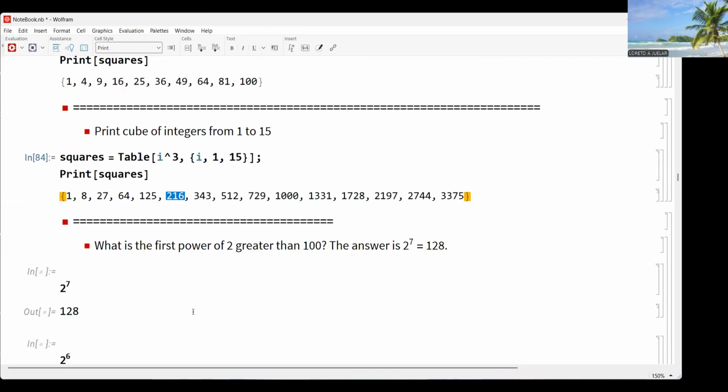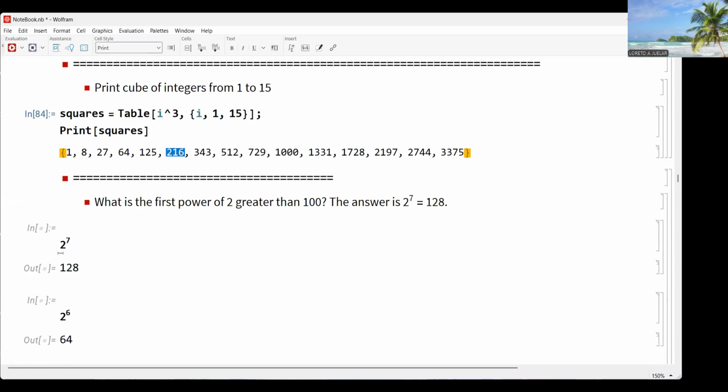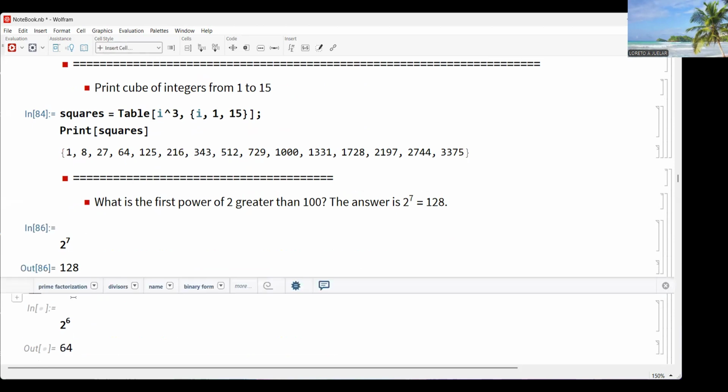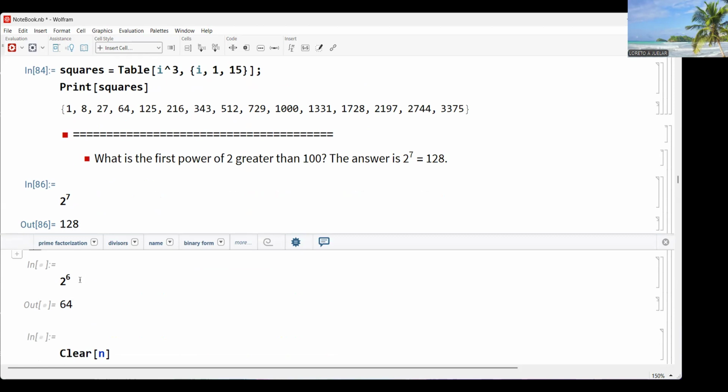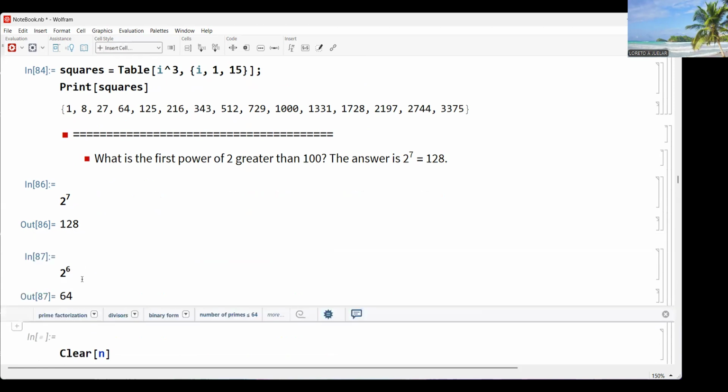So, for example, we have a problem here. What is the first power of 2 greater than 100? The answer is 2 to the 7, because here 2 to the 7 is equal to 128. 2 to the 6 is 64, which is not greater than 100, so it should be 128. So the answer here is 7.